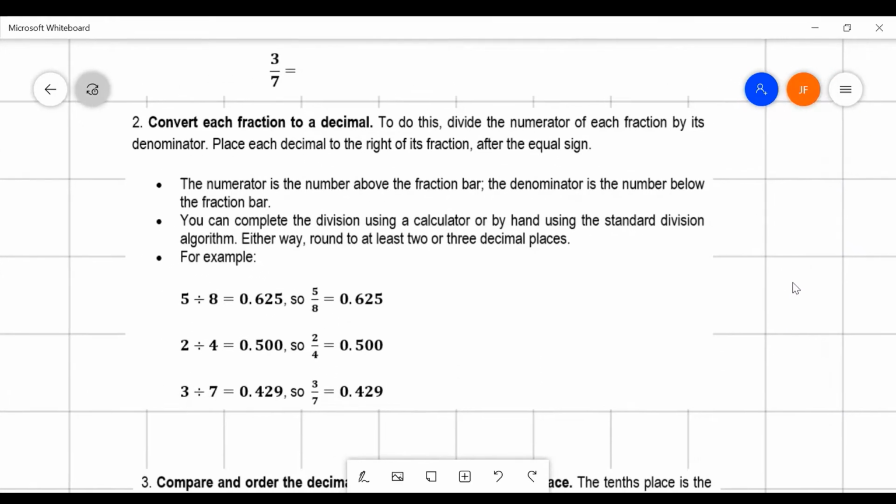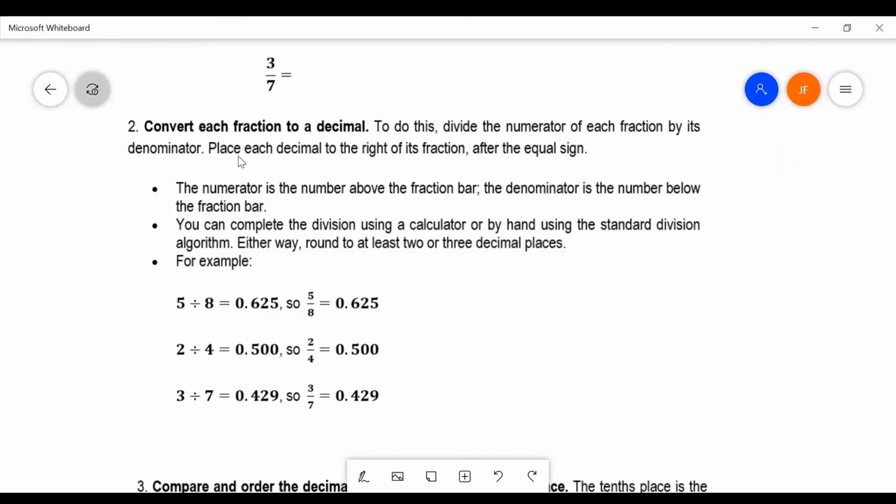Then second step is to convert each fraction to a decimal. To do this, divide the numerator of each fraction by its denominator. Place each decimal to the right of each fraction after the equal sign.